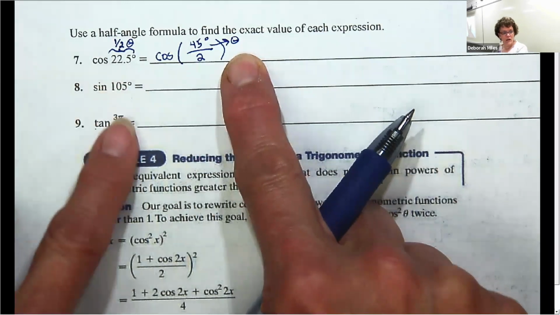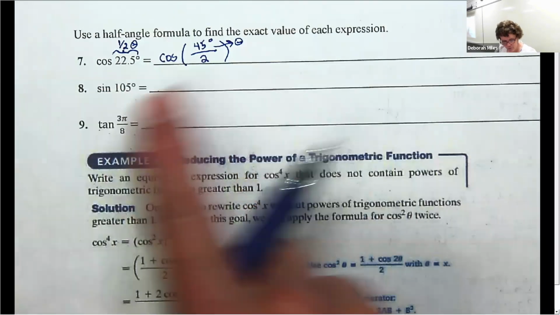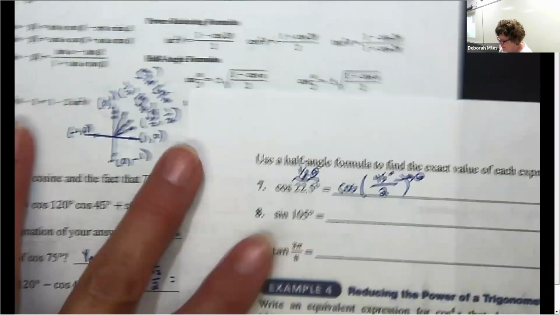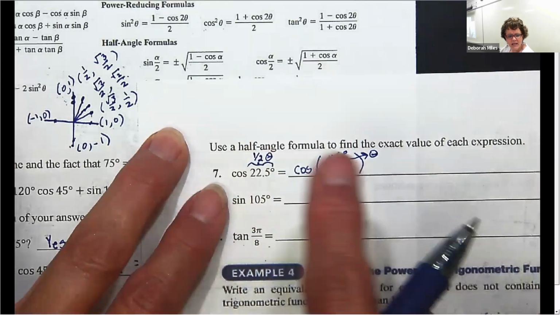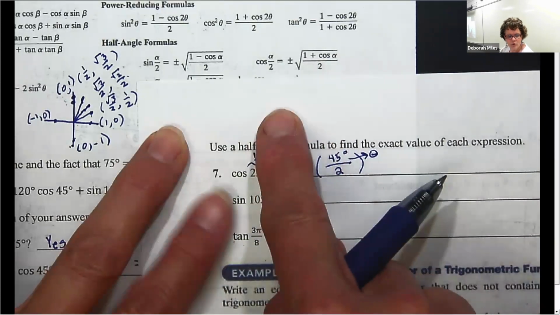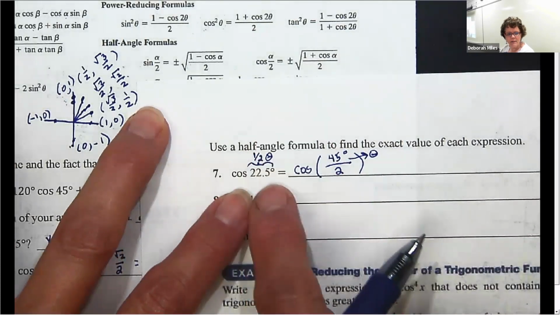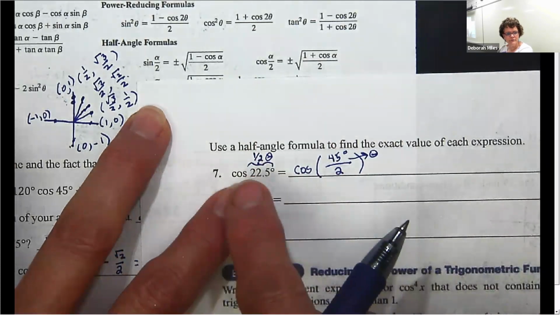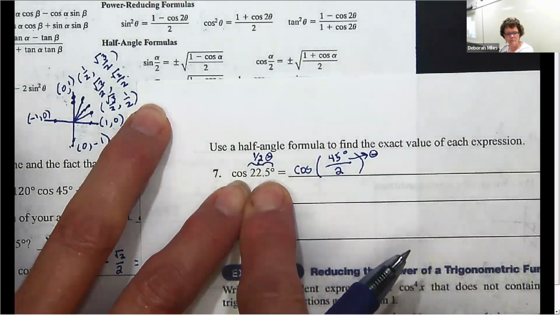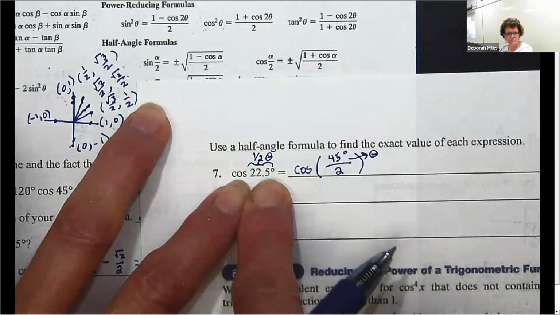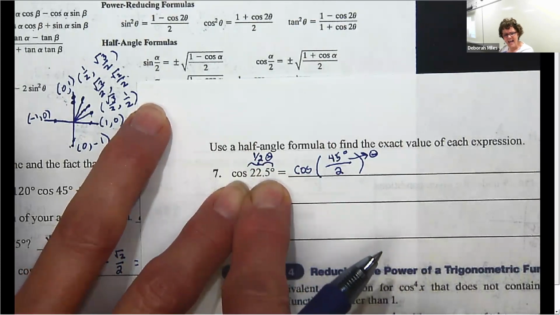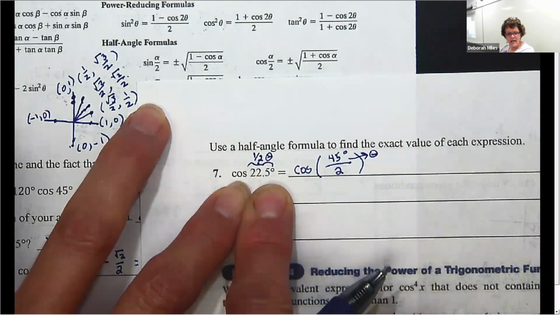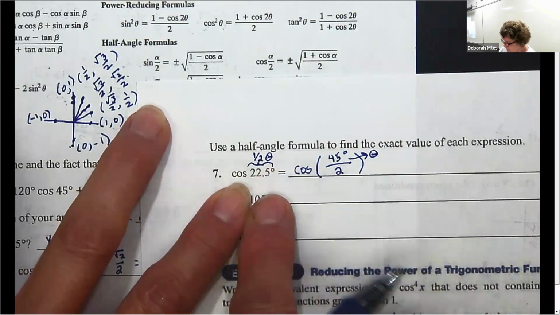And when I use the half angle formula for cosine, am I going to use the positive square root or the negative square root? Remember, I'm looking for the cosine of 22.5 degrees. Is that going to be positive or negative? 22.5 degrees is in the first quadrant, and in the first quadrant, cosine's positive.